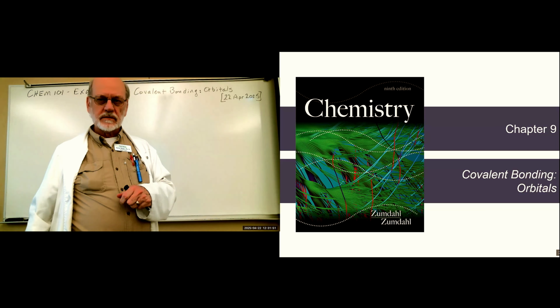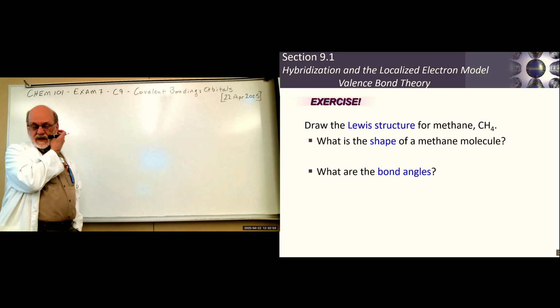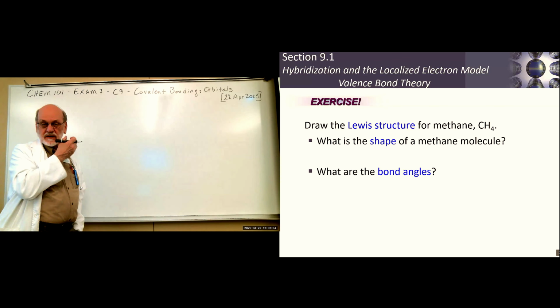There's just a problem, though, and this problem came up fairly early on in the 20th century. And our example here is methane. If we use methane as our example, we try to write the Lewis dot structure for this molecule.